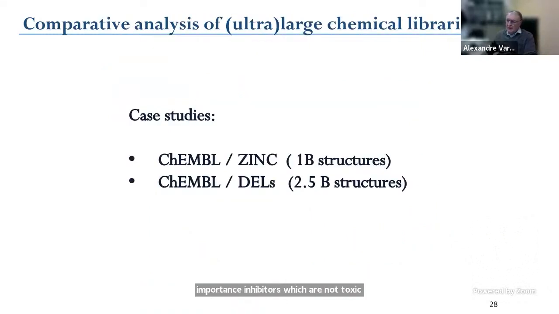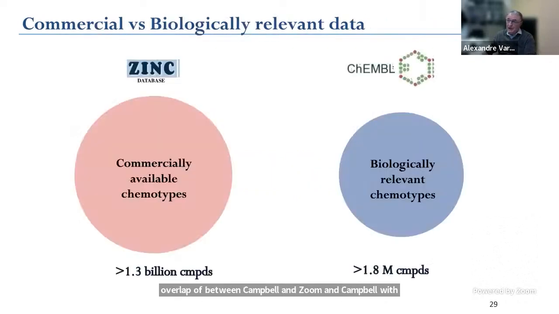The next example concerns comparative analysis of large chemical libraries. In this presentation, I will consider 2 examples: an overlap between ChEMBL and ZINC, and ChEMBL with a pool of DNA-encoded libraries. In the first study, we compared the ZINC database containing commercially available compounds with ChEMBL, collecting biologically relevant compounds, and altogether more than 1 billion structures were considered.